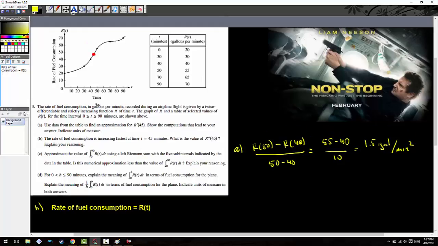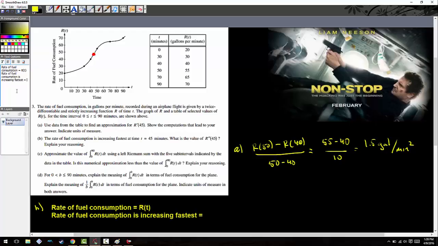We also know that the words "increasing fastest": the rate of fuel consumption is increasing fastest. I'll even write that down. The rate of fuel consumption is increasing fastest. What does that mean?